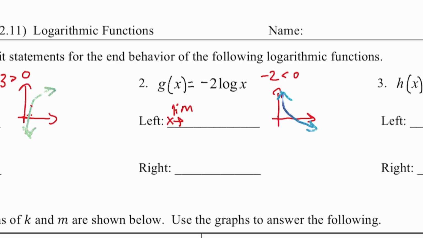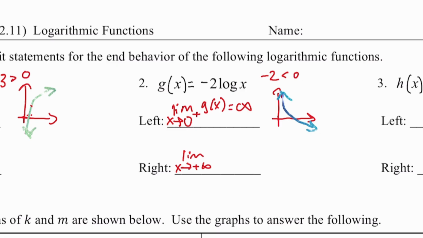As x goes to 0 from the right, g of x is going to positive infinity. I just write infinity; you can put a positive sign if you want. And for the right side, as x goes to positive infinity, it's always going to positive infinity no matter what on the right side.